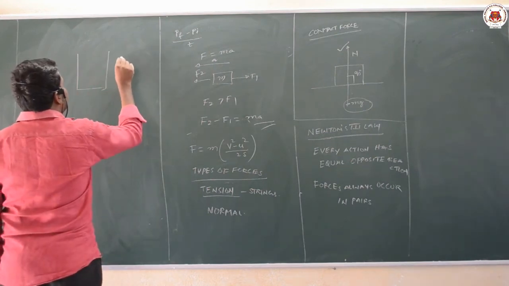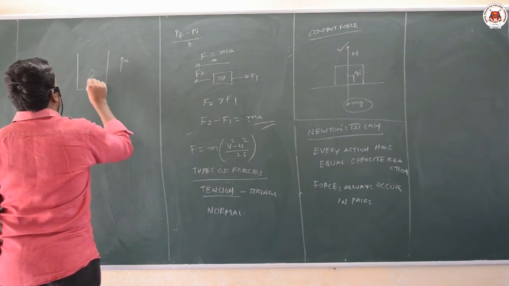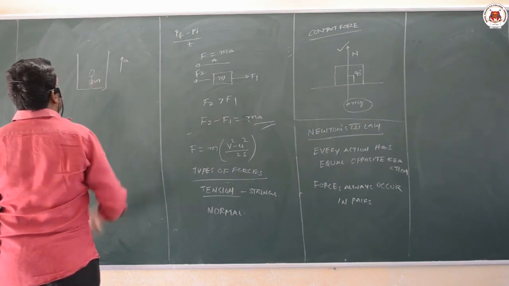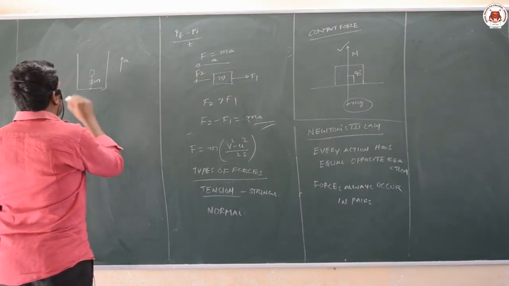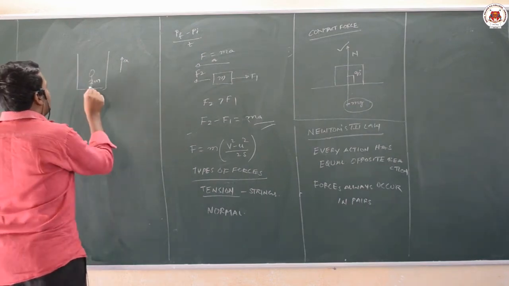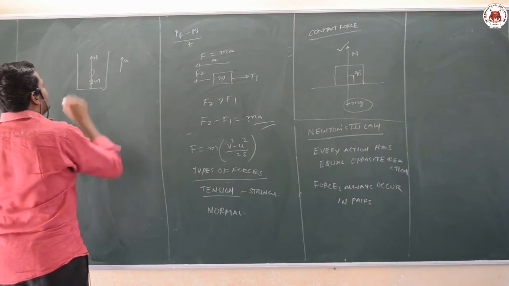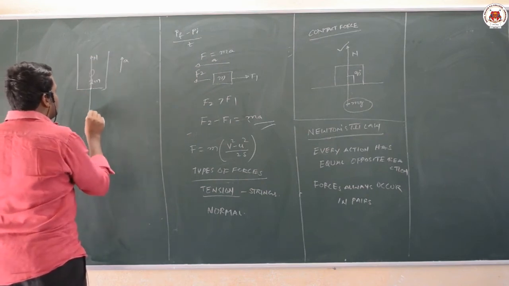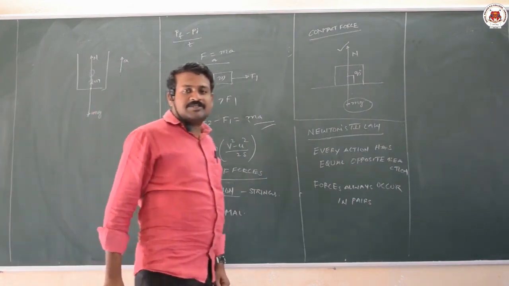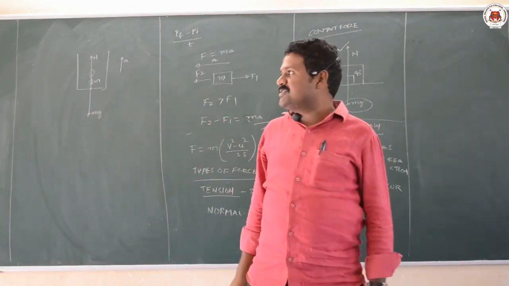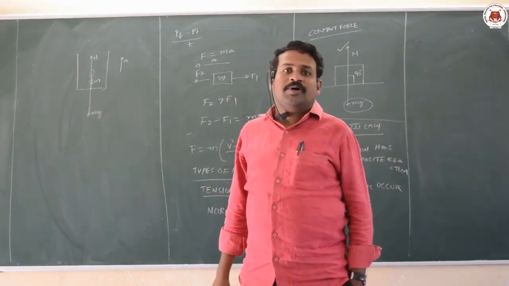A person of mass m is standing in the lift. There is a contact between him and the floor, therefore there exists a normal reaction in this direction, and mg will be acting in this direction. And already I told you Newton's second law states that body always accelerates in the direction of net force.